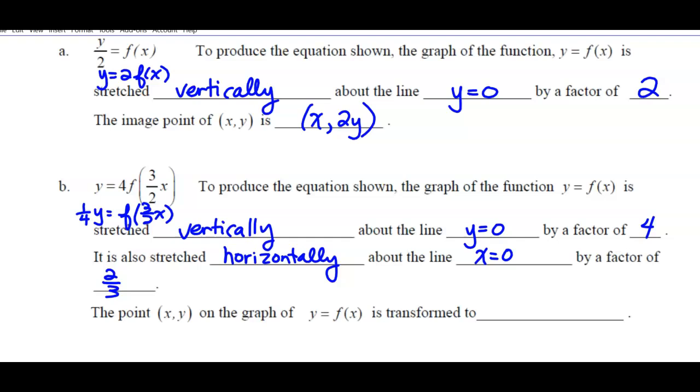So when you flip it, it's going to be less than 1. So you just take the reciprocal of the b value. Okay, so image then is x is going to be 2/3 x, and then 4y. Whatever that factor is, goes in the mapping notation.